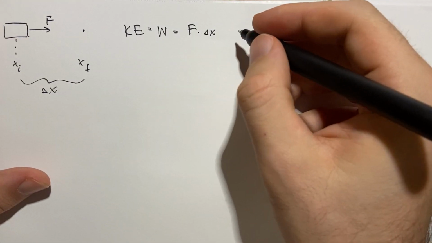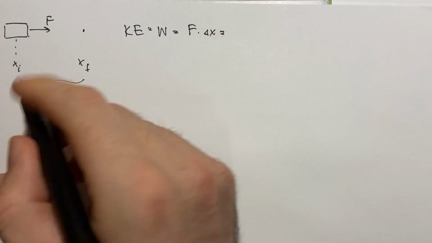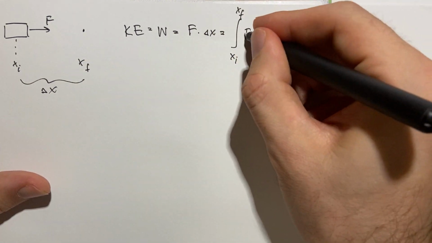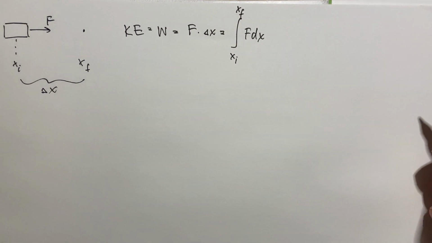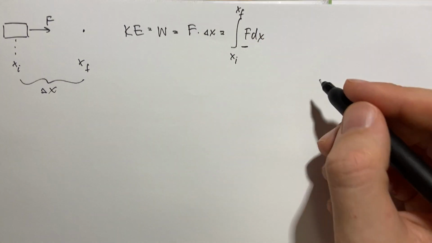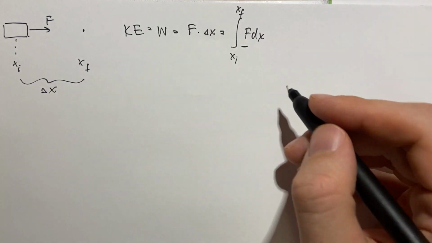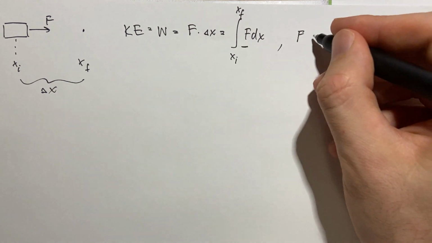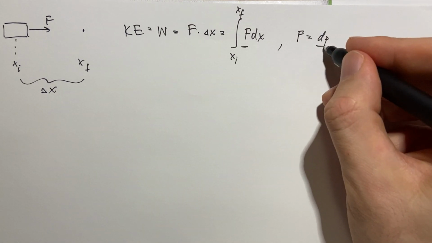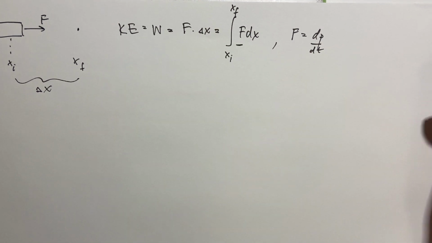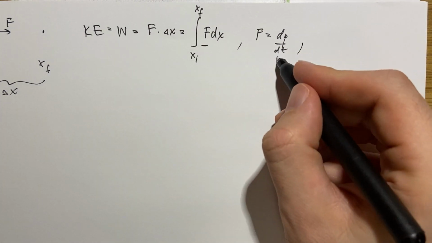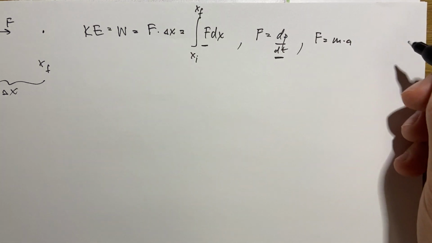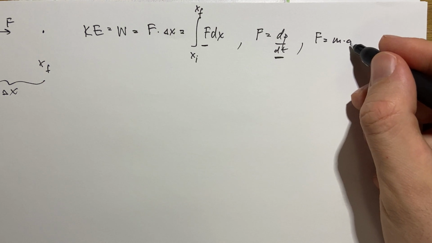So far so good. And in the integral form, with these limits, we can write the integral from xi to xf of F dx, right? But according to Newton's second law, F is the time derivative of the momentum. So F equals dp by dt. And we can also get a sense that this is true because F equals ma, of course, the mass times the acceleration.